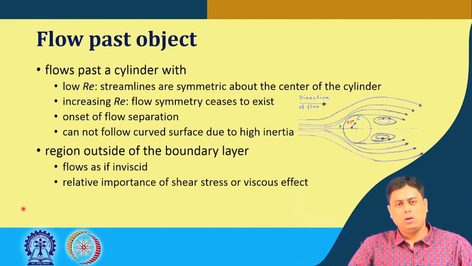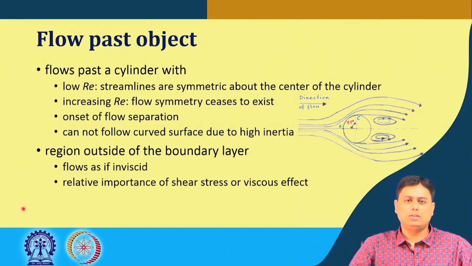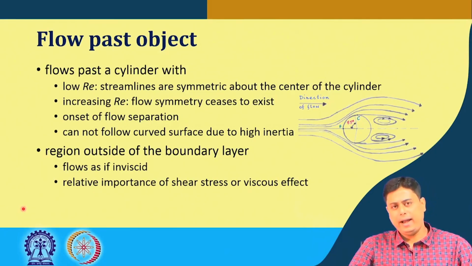The interesting feature is that the flow profile at the front of the spherical object and the rear point of the spherical object is nearly symmetrical when there is a low Reynolds number flow, or the flow is highly viscous flow, or you can say the velocity is very low, because a low Reynolds number can be achieved by adjusting several parameters.